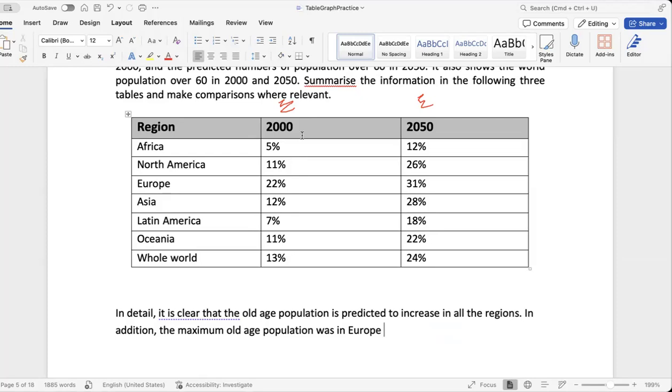This is the prediction of future. Which is the tense written here?